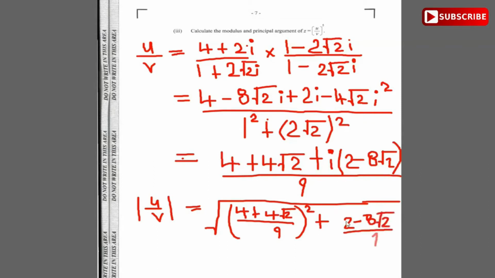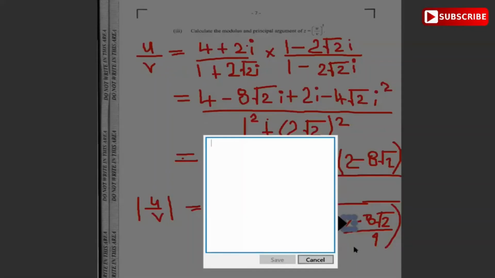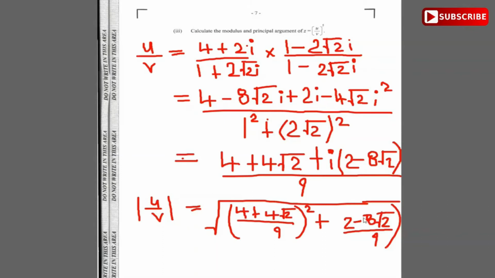So let me put that in my calculator. 4 plus 4 root 2 divided by 9 squared plus 2 minus 8 root 2 divided by 9 squared, square rooted. I'm getting 3.28.